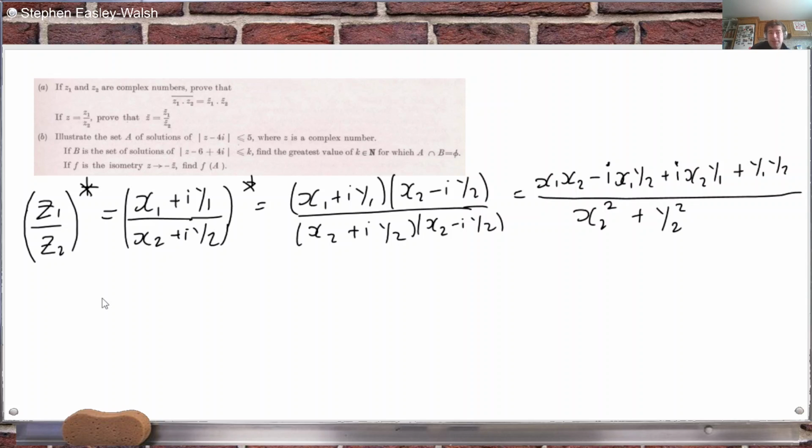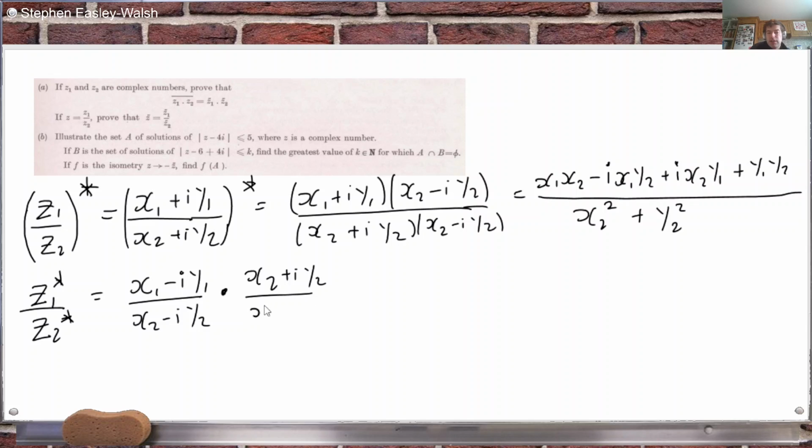Hopefully we get the same thing now when we look at Z1 conjugate over Z2 conjugate. So that would be X1 minus iY1 over X2 minus iY2. We'll multiply above and below by X2 plus iY2.